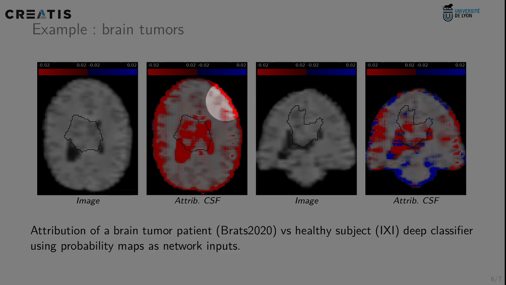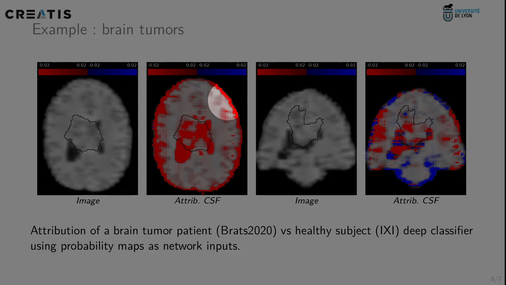The third element is the contour of the brain. Here, this might be because the preprocessing of the two datasets we use for healthy subjects and patients are different. We use a BRATS dataset for brain tumor images that are already skull stripped.